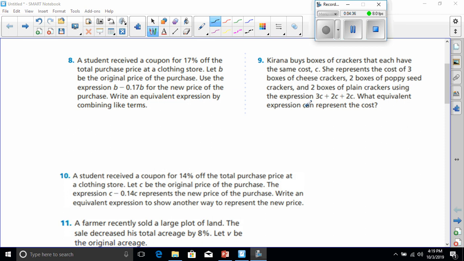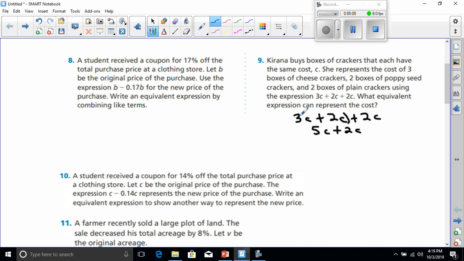What equivalent expression can represent the cost? Well, if we have the expression 3C plus 2C plus 2C, I can say that 3C plus 2C is 5C. Now I have 5C plus 2C.